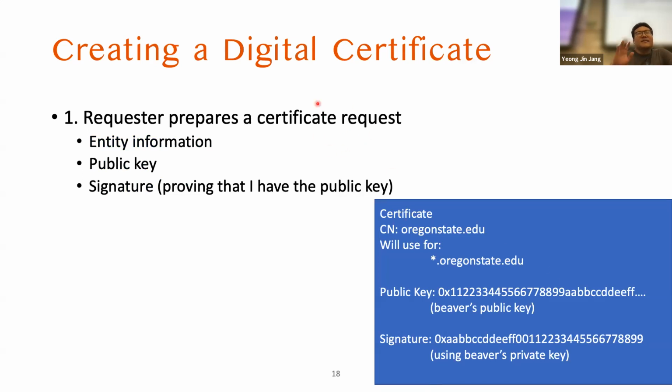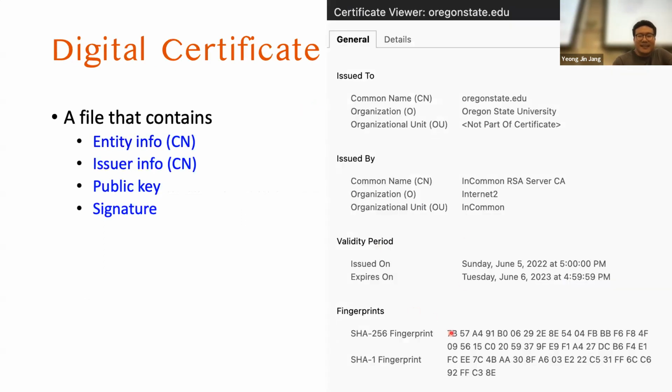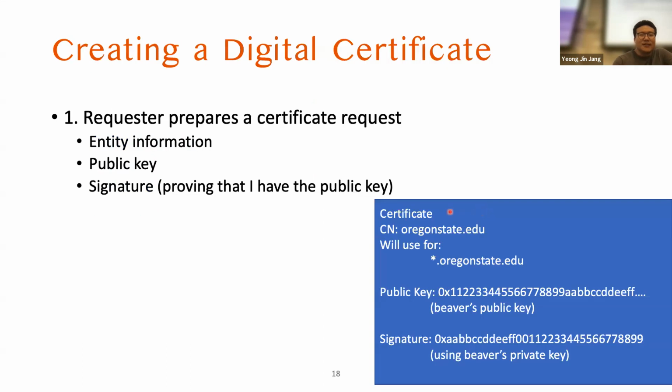There is more detailed information specified, but what they basically need is information about the entity. So who are you? OregonState.edu. And then what domain name we would like to use this certificate for. We can specify that.